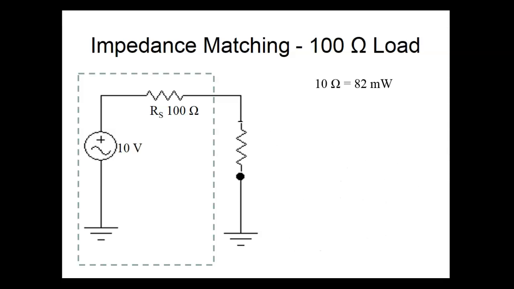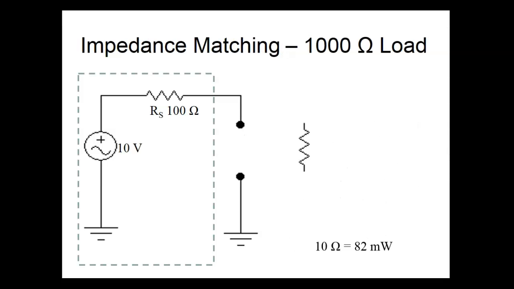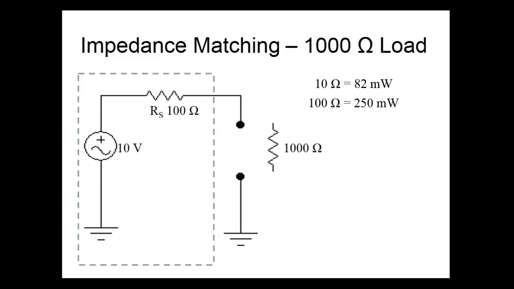Okay, so now we're going to put our 1K up there. So let's calculate the power delivered to the 1K. That's going to be 1,000 divided by 1,100, times 10 squared divided by 1,000.